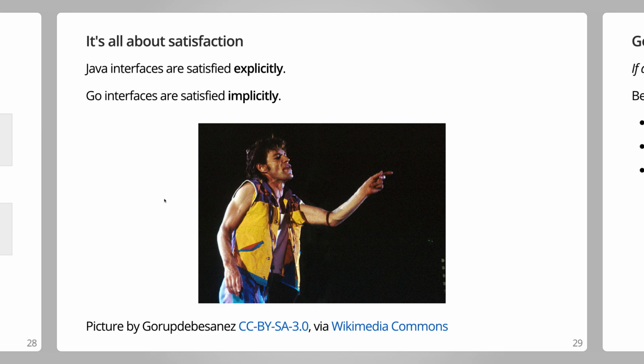The key difference between interfaces in Go and other languages is that they are implicitly satisfied. What does that mean? It's different from Java, where you explicitly have to say that this class is implementing an interface.